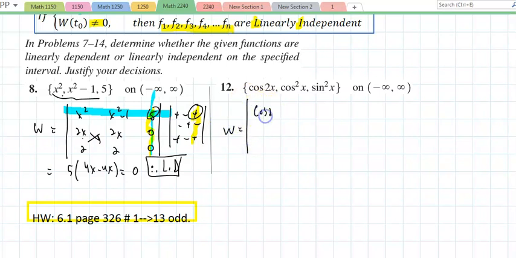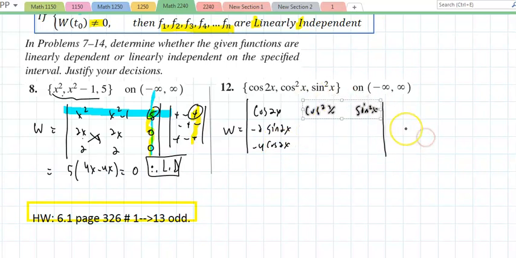This is the cosine of 2x. This is the cosine squared of x, and this is the sine squared of x. So one derivative is negative twice the sine of 2x, and another derivative, negative 4 the cosine of 2x. Okay, and if I take a derivative of this, let me give that a bit of stretch.